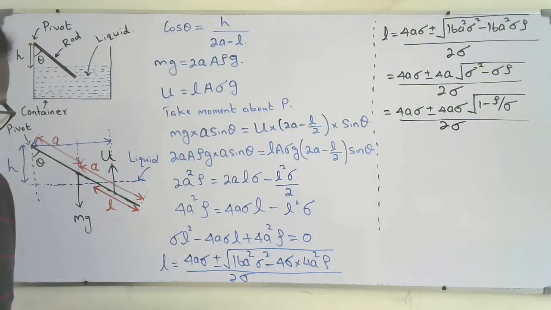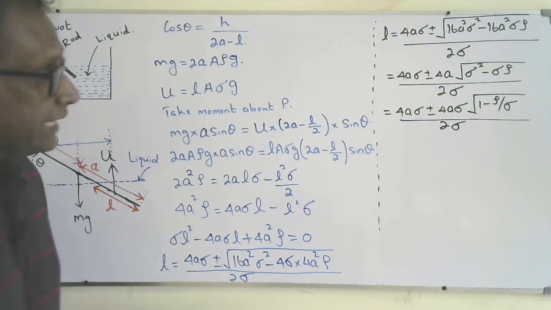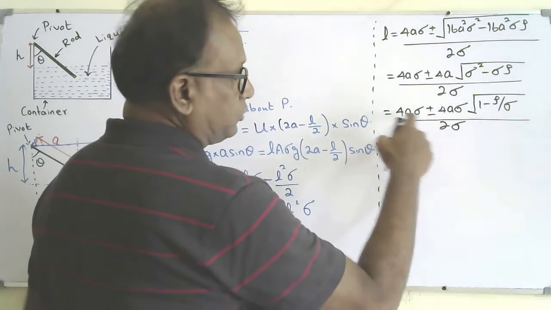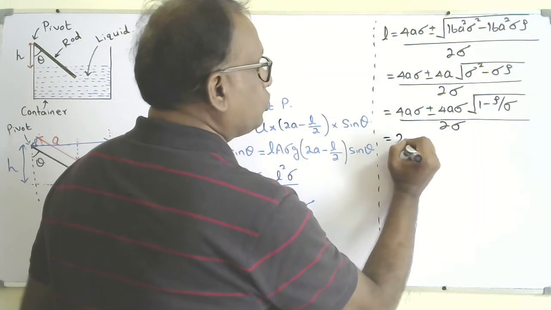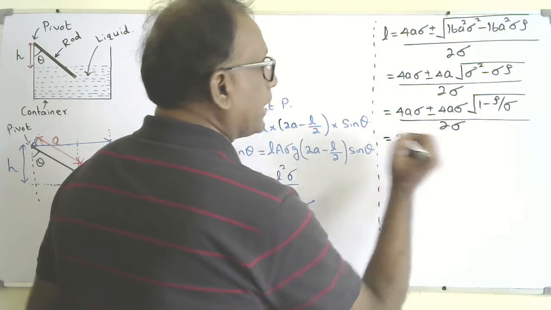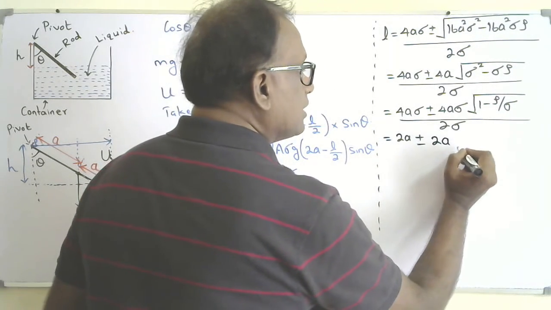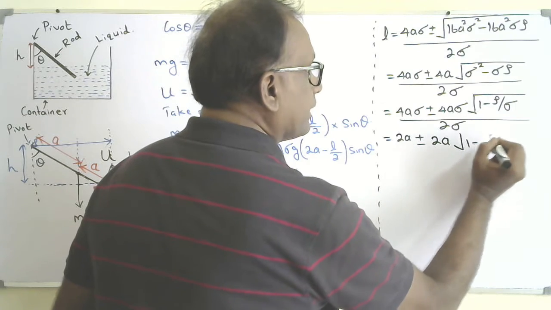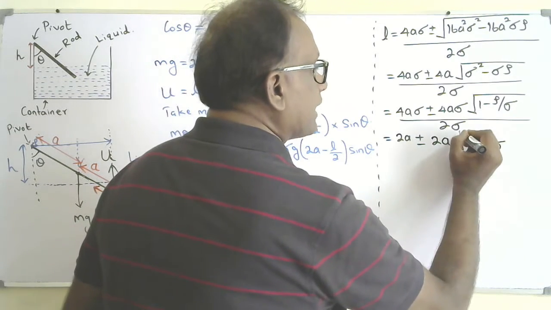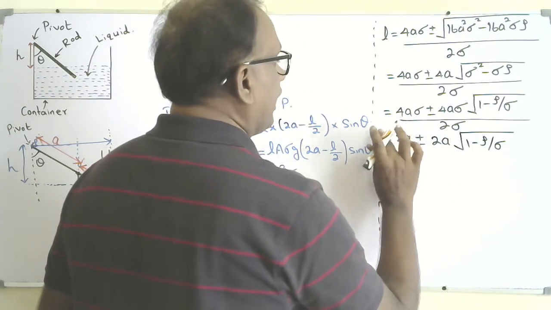So I can divide everything by 2 sigma. It will become 2a plus or minus 2a square root of 1 minus rho over sigma. That is the value of L.